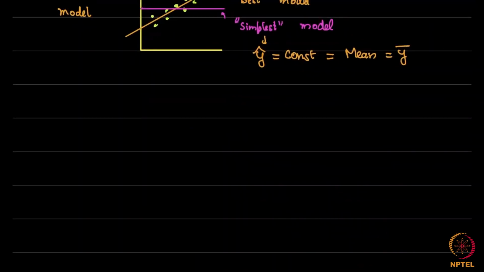So now remember, we had this original error, which was sigma (y minus y hat) square. This we are going to call SR, which is called residual sum of squares.